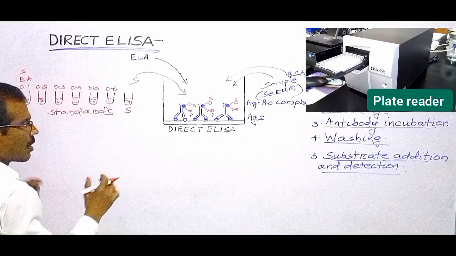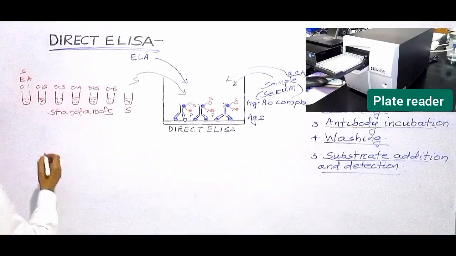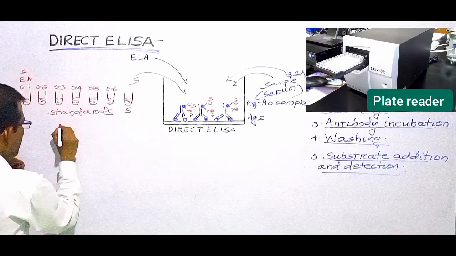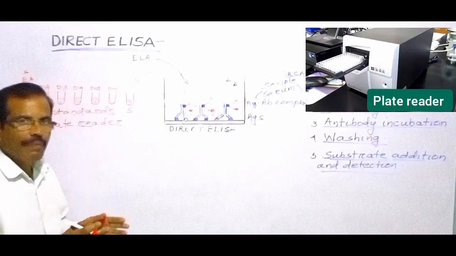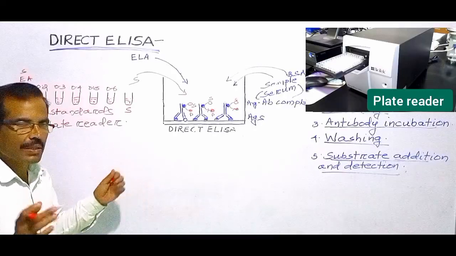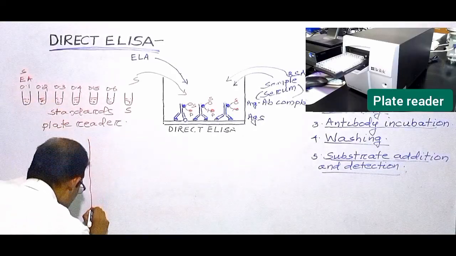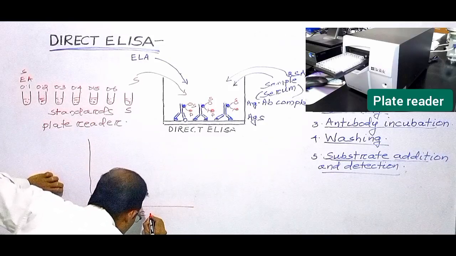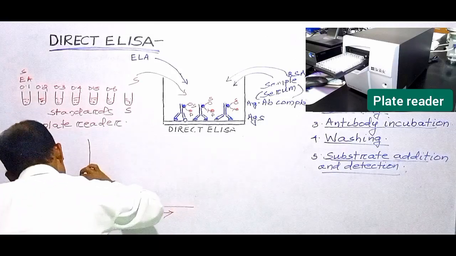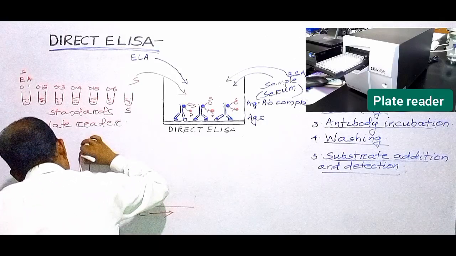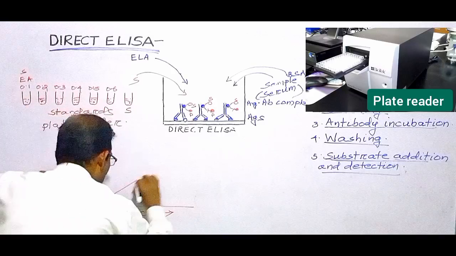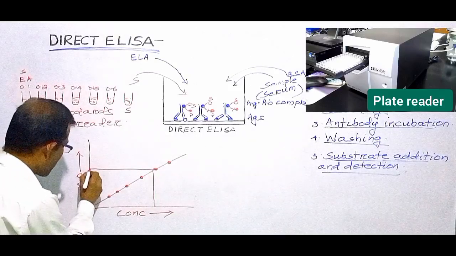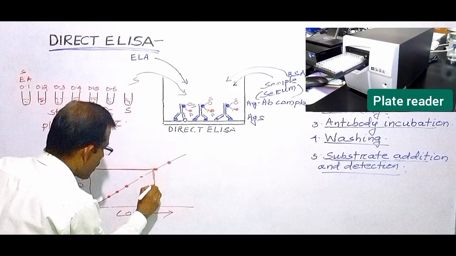After development of colors, the optical density of the standard solutions and that of the sample is determined by a plate reader. After determination of optical density, a standard curve is plotted by taking the concentration of standard solution on the x-axis and their optical density on the y-axis. From this standard calibration curve, the concentration of sample antigen can be easily determined.